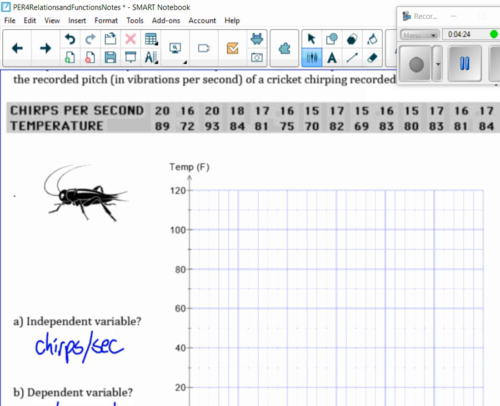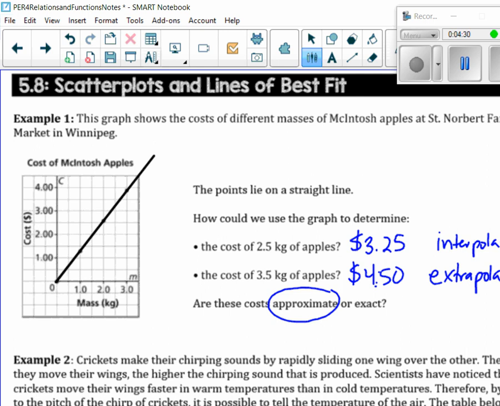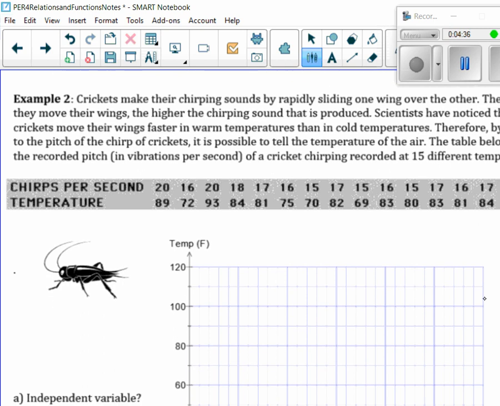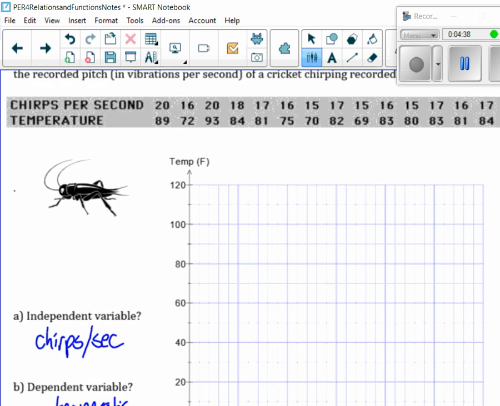Okay, let's plot this. I've conveniently labeled the scale for you so you don't have to worry about that. So 20 is 89.